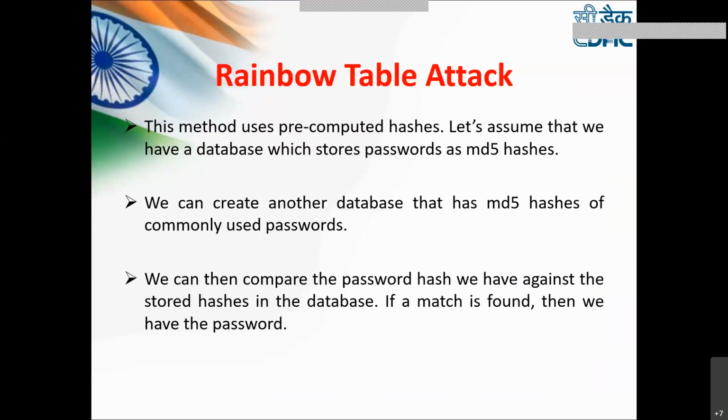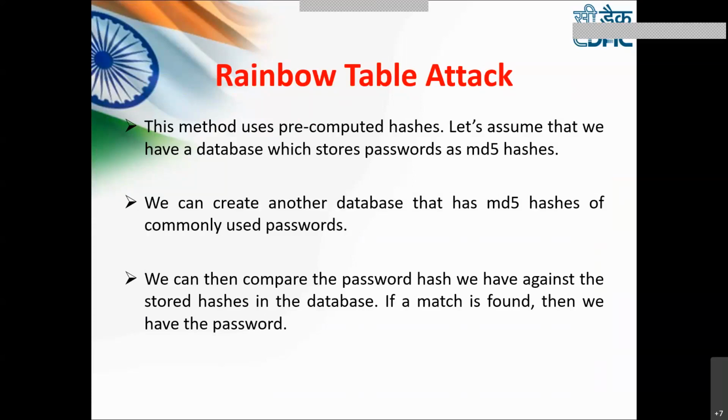In this, we compare the password hash we have against the stored hashes in the database. So they try to not type the actual password, but they will try to type the particular hash that password had, and they will compare it with the table that they have from the database, and if there's a match, then you have found the password.